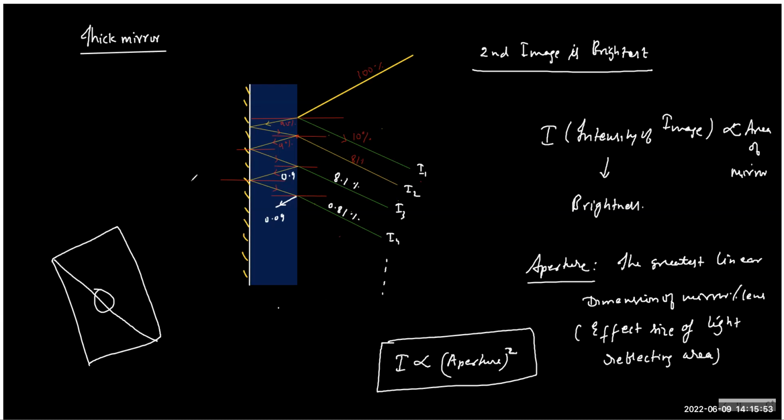What will be the new intensity of the image on the other side? No, no, I'm blacking out the central part up to R by 2. So what is the new intensity?